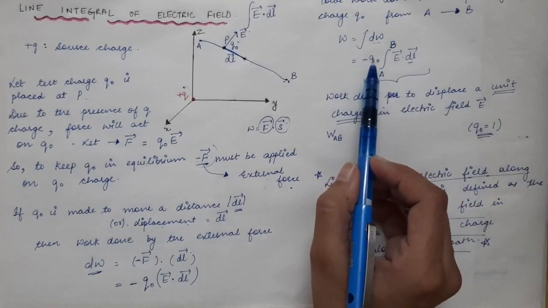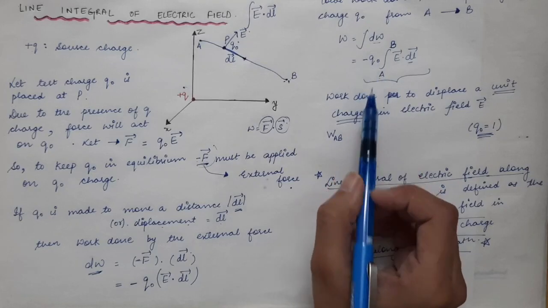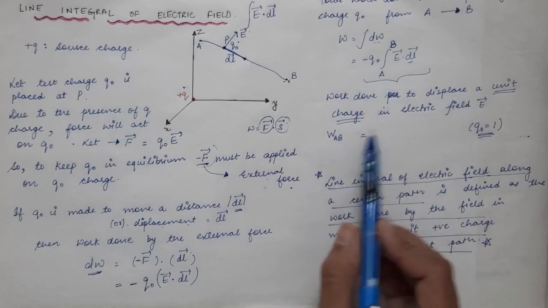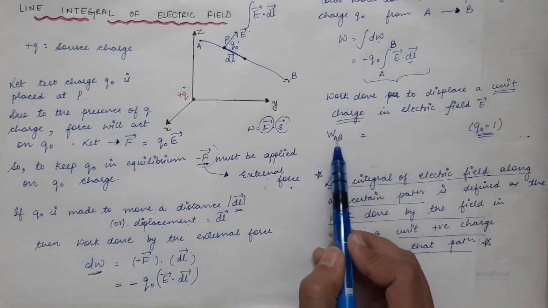So in this formula we will put q0 equal to 1. What will be the work done to move a unit test charge from A to B?